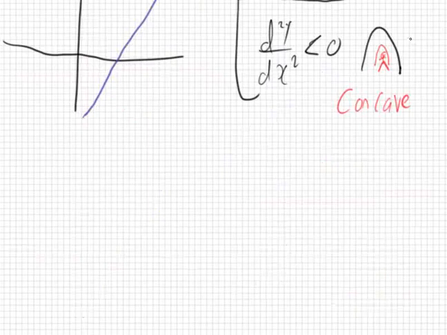So the first question, I'm going to skip, because all I ask you to do is to calculate the second derivative, which just means differentiate twice. So more importantly, for me to show you is the second one, number 2. So I give you this curve here.